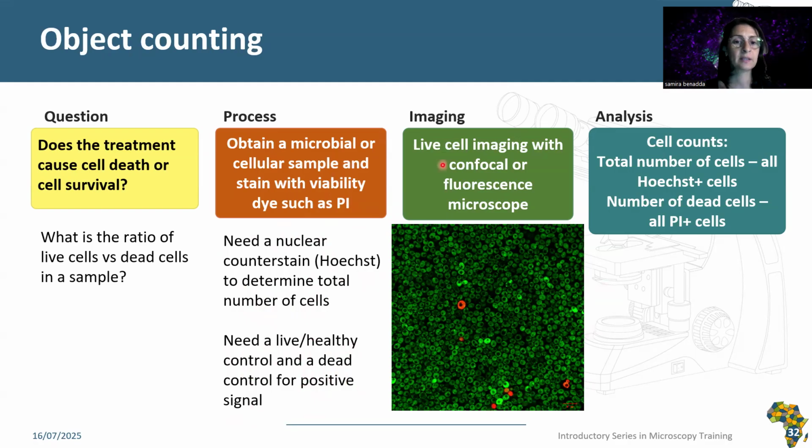We can image this in live cell imaging or in confocal, in fixed cells, or in wide field fluorescence. And after, we can count the cells to do the ratio between the total number of cells and the dead cells, stained with the PI.